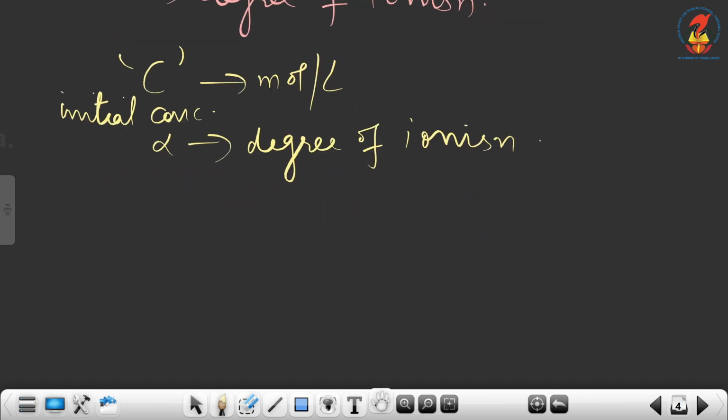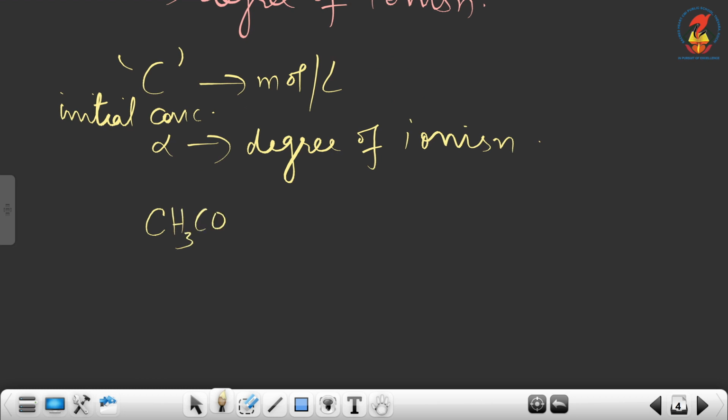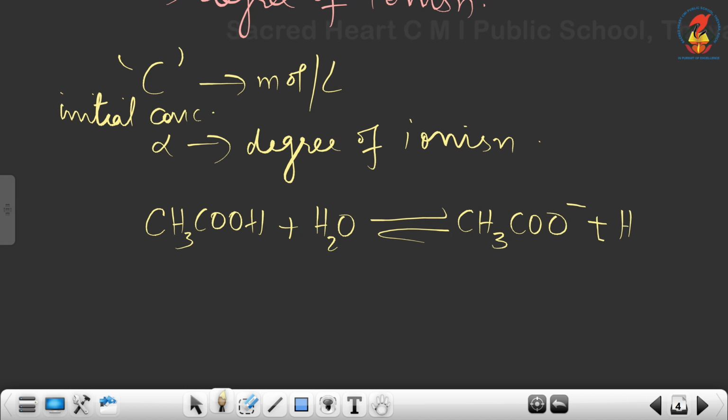So I am going to write the expression: CH3COOH plus H2O gives CH3COO minus plus H3O plus. Now all this in aqueous state.